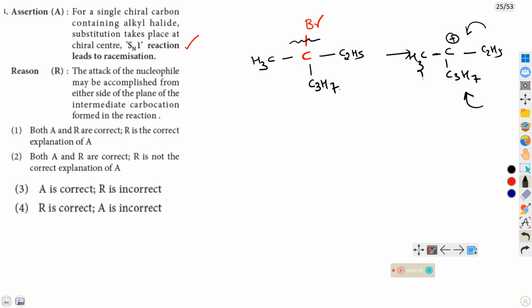That's the reason it gives 50% inversion product as well as 50% retention product. The mixture is considered as racemic mixture. The attack of nucleophile may be accomplished from either side of the plane of the intermediate carbocation formed in the reaction. Correct. That's the reason 50-50 is possible. A and R correct. R is the correct explanation of A.